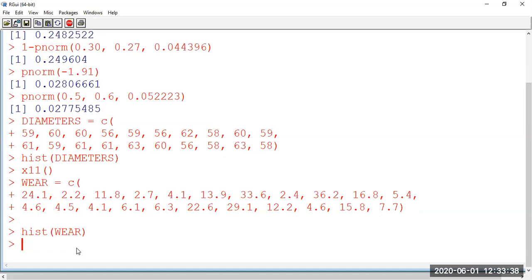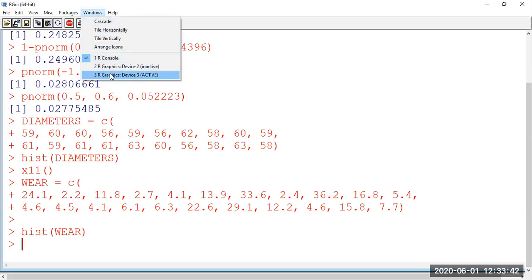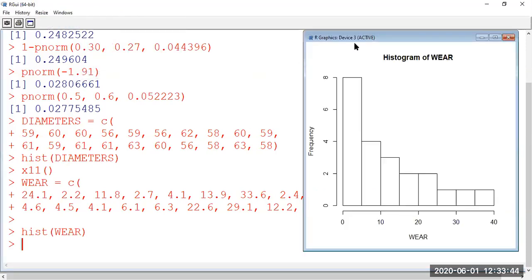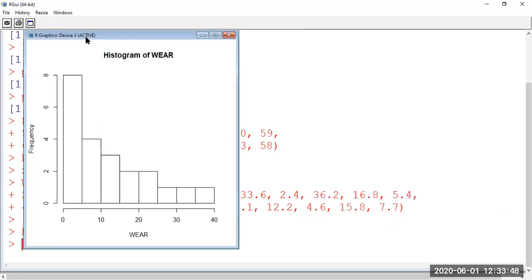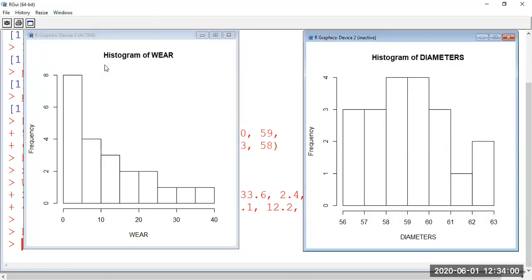Let's check. We'll go to Windows. We get this histogram. Now you can see that there is no symmetry. So you can compare with the other histogram that we just obtained before. You can see that in the first case there is more symmetry than in the second case.